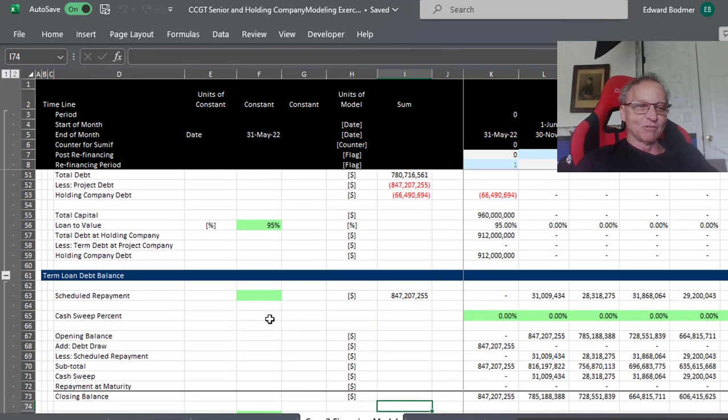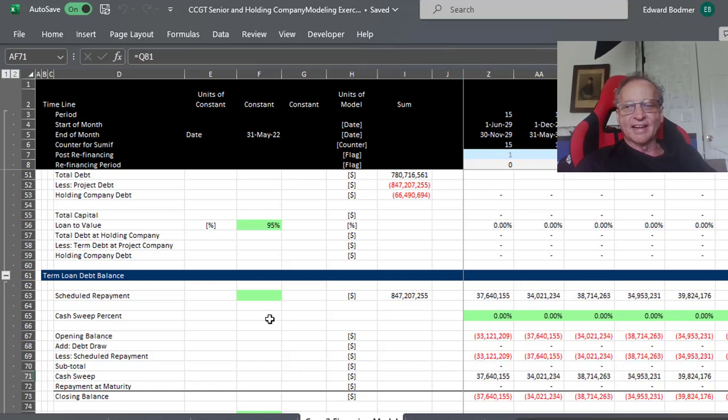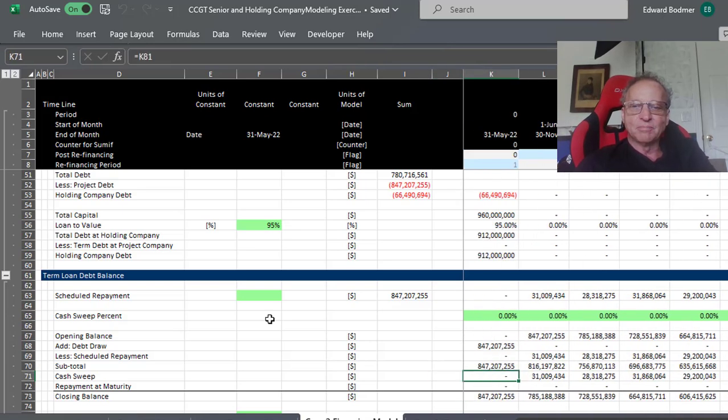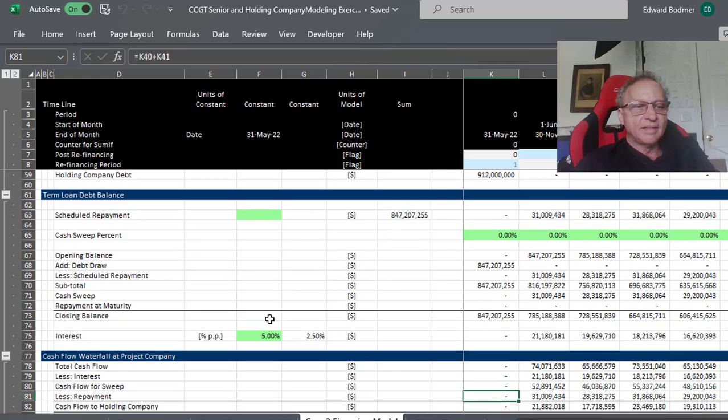Of course it has to get repaid, so at the holding company we can put a cash flow sweep in, and this time it's nice. I didn't do a test here. See, I made another mistake, because this cash flow sweep comes from down here, and this repayment is, where did I do this? L40 plus L41.